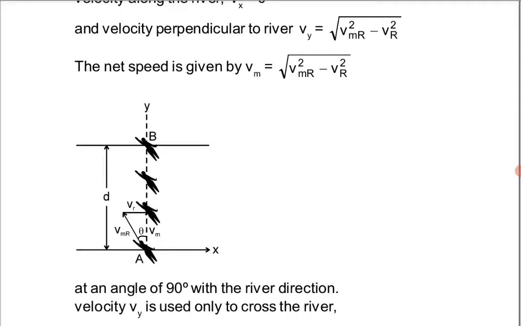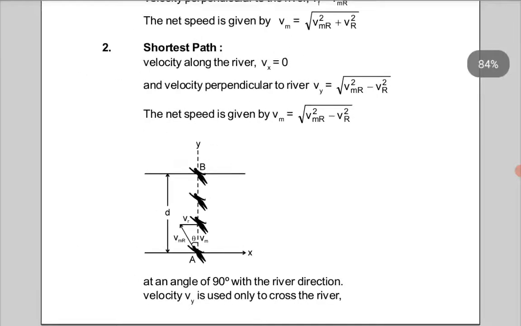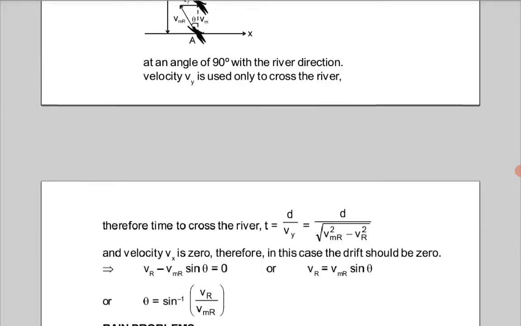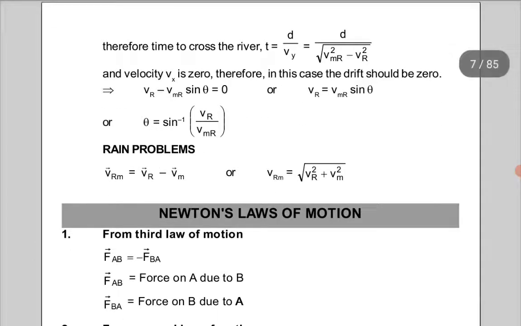The net speed is given by Vm equals under root Vmr square minus Vr square, at an angle of 90 degree with the river direction. Velocity Vy is used only to cross the river. Therefore, time to cross the river t equals d by Vy, that is d upon under root Vmr square minus Vr square.